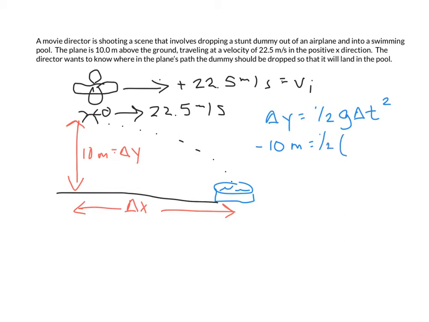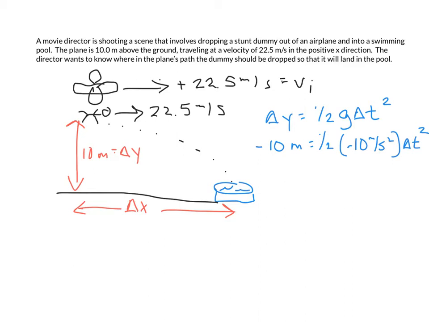Now g is technically also a negative 10 meters per second squared because the acceleration due to gravity is always downward. And we have that times delta t squared. So I get negative 10 equals 1/2 times negative 10 meters per second squared times delta t squared.